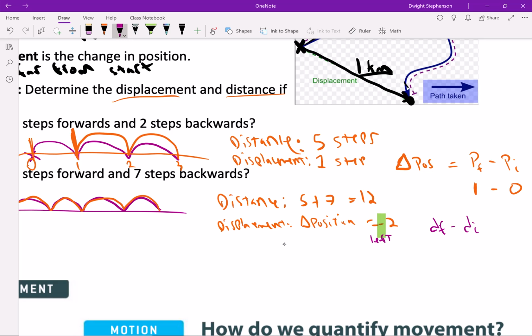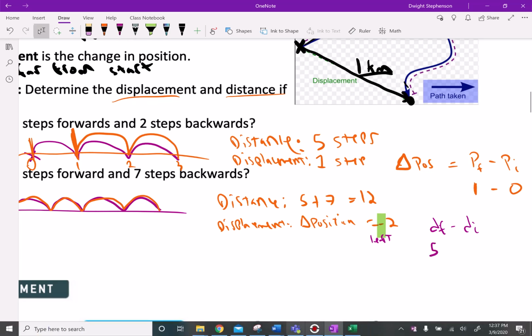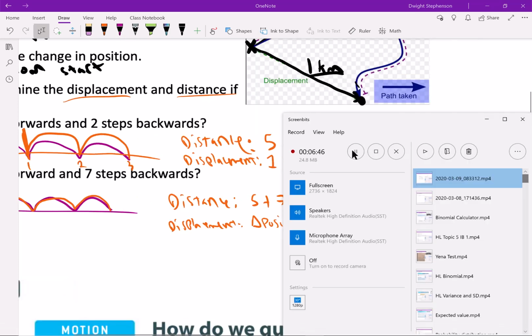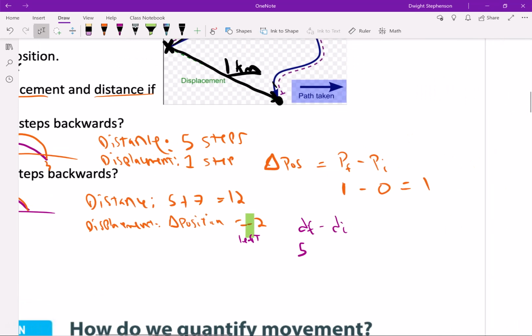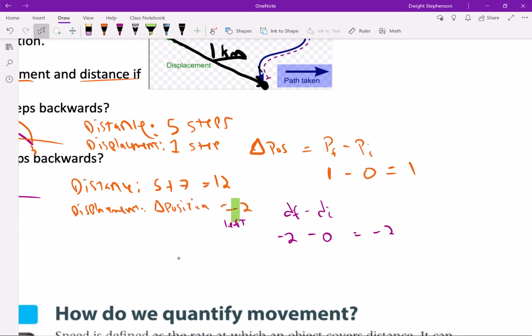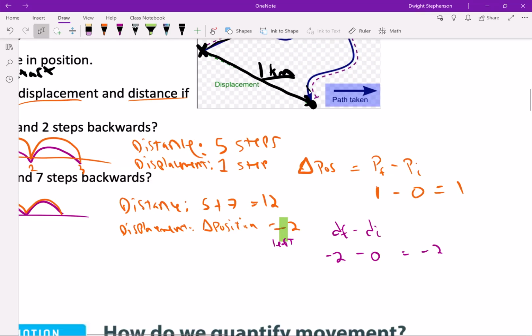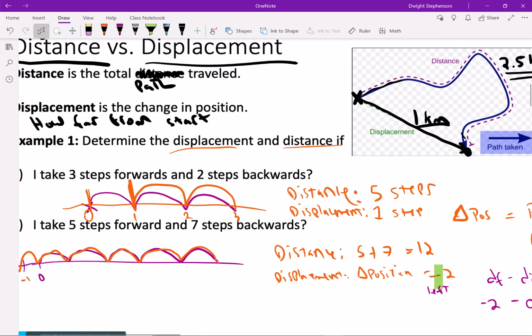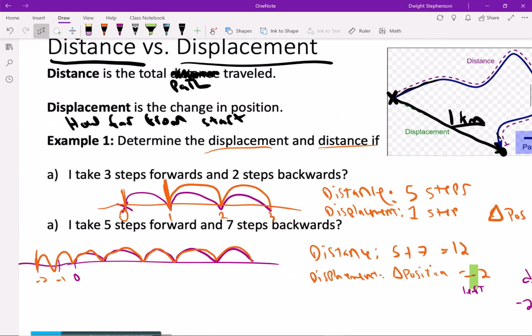Oh yeah, I'm thinking about this wrong. Hold on one second. Let me think about this. Okay, so we're just thinking about my final position was -2. My initial position was 0. And so my displacement is -2, which is the same thing right over there, right? So that's something important to note just between distance and displacement.